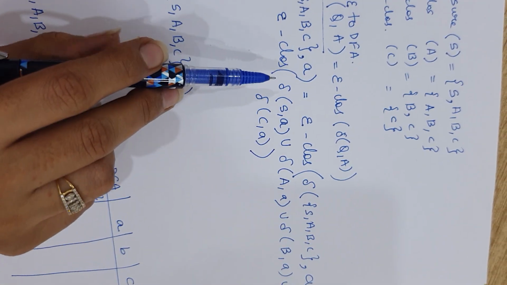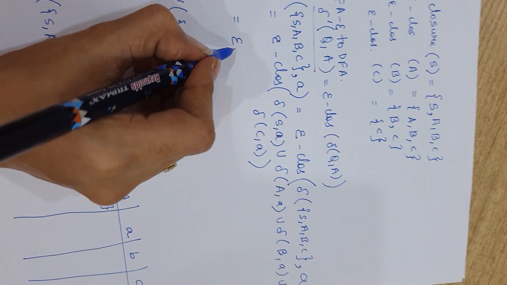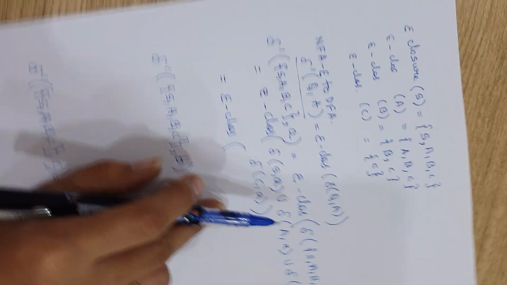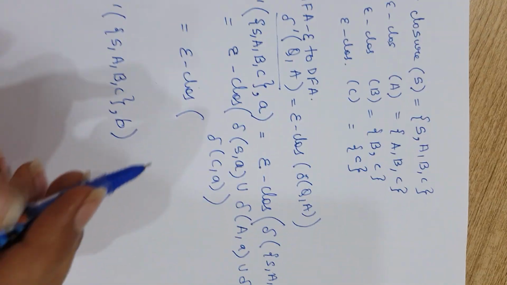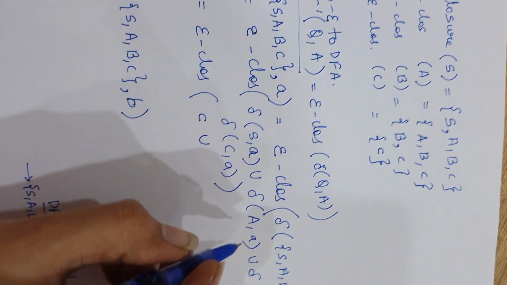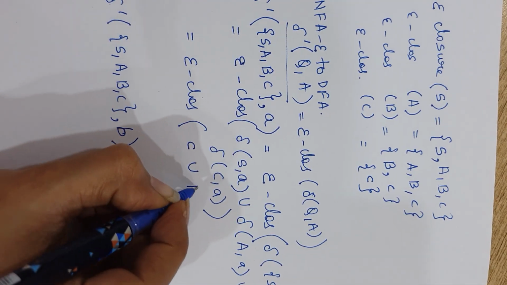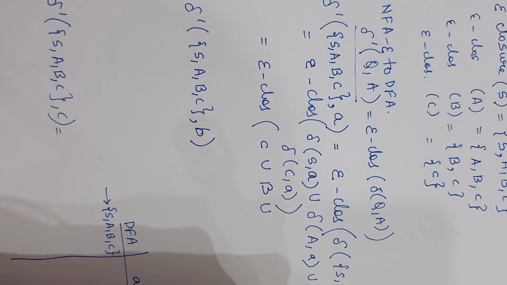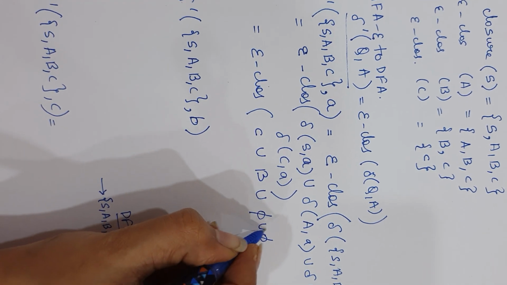Where do I get these transition values from? You will get them from the given NFA. So this is epsilon closure of transition of S with A. If you see, transition of S with A is C. So the first value here is C. Union A with A; A with A transition is B. So the next value here is B. Union B with A; B with A is phi, and next C with A is also phi.